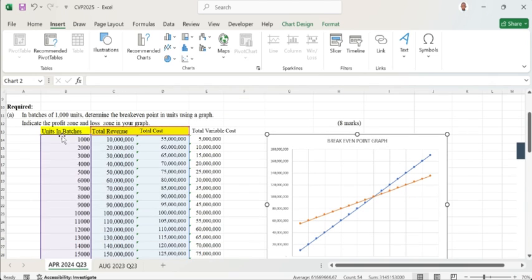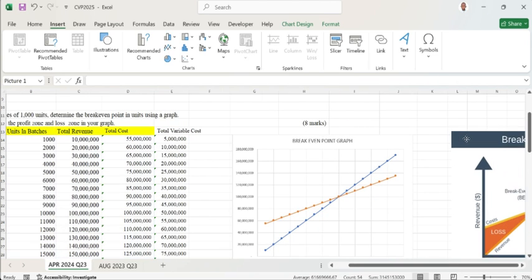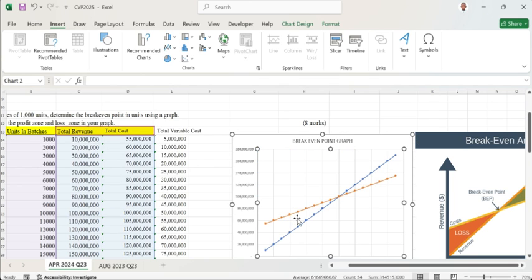Then from there, we are able to know how to label this. You can even call it a break-even point graph, something like that.